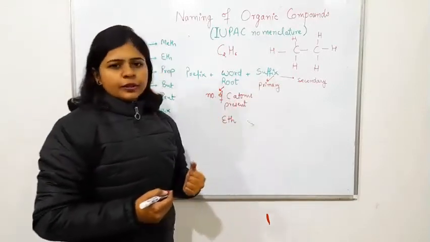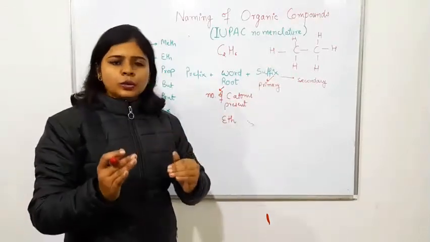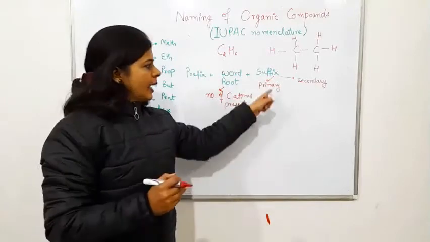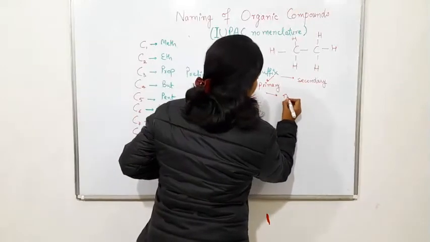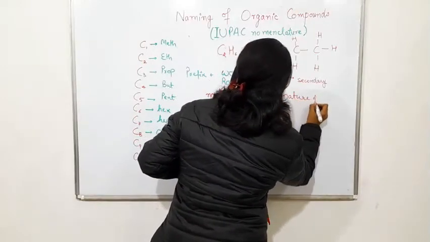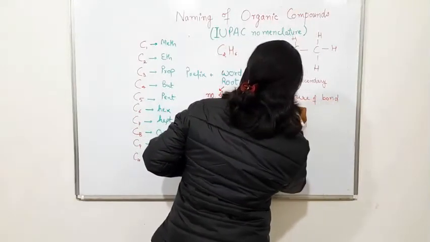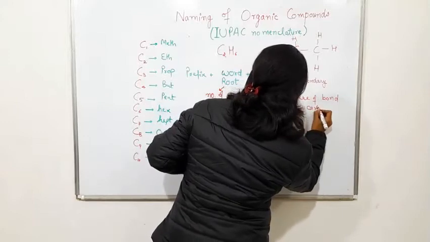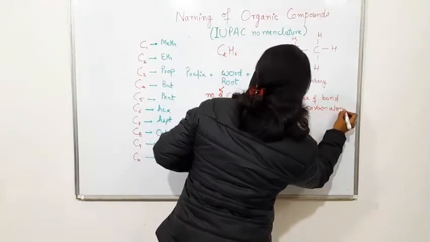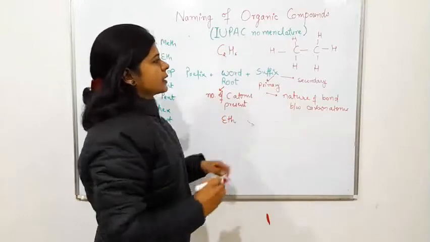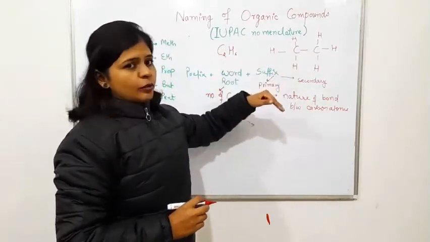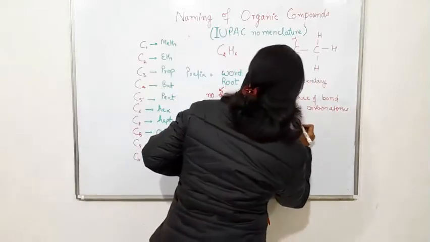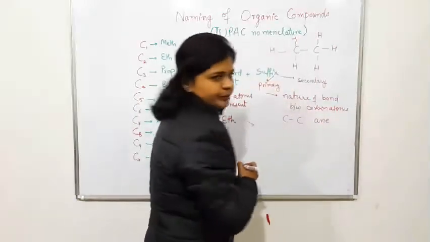Now come to the suffix. The suffix further has 2 types, primary suffix and secondary suffix. The primary suffix tells us about the nature of the bond between carbon atoms. As you can see in C2H6, a single bond is present between carbon atoms. Whenever a single bond is present between carbon atoms, we write ane.